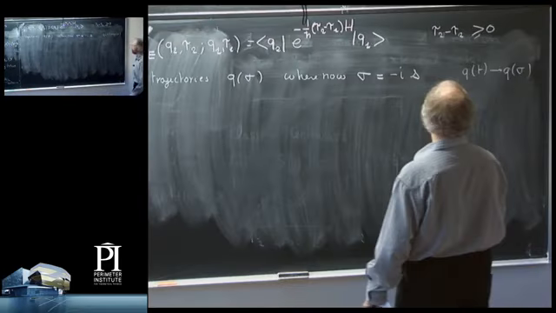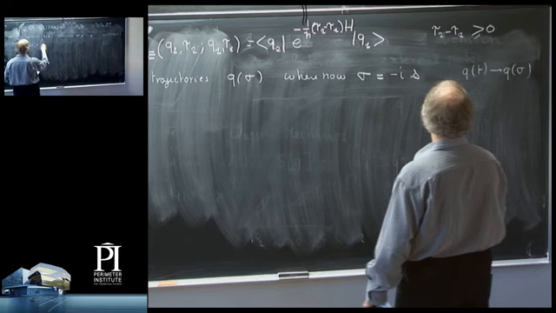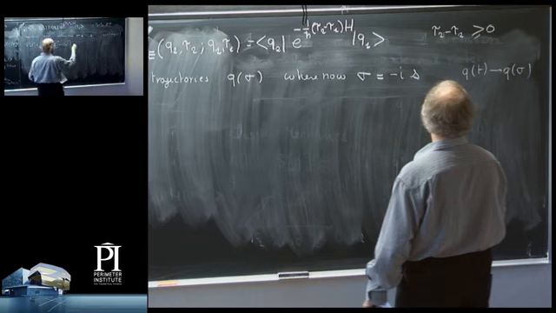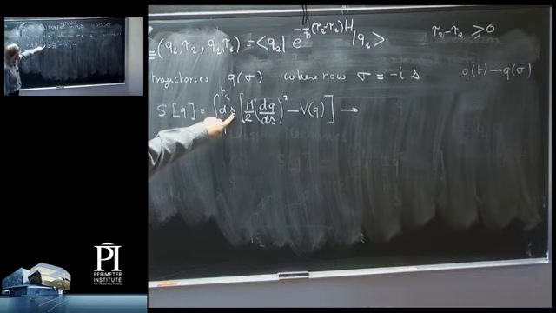So the action becomes: S of Q, which was the integral over t1 to t2 of ds, m over 2 dq over ds squared minus, well, let us call this V of Q. What does this become? I made a transformation, so first I have the factor i, which comes from this factor.